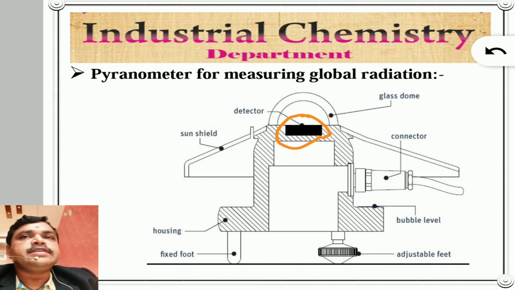As a result, EMF, electromotive force, is generated in the range of 0 to 10 millivolt, which can be read, recorded and integrated over a period of time and is a measure of global radiation. So this is the pyranometer.